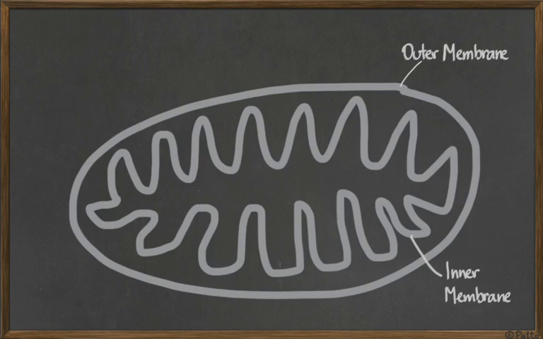We have an outer membrane and an inner membrane, and therefore an intermembrane space. The intermembrane space is very narrow, and because it's narrow, it's going to be very important in the next step. Additionally, the folding of the inner membrane we call a crista, or cristae, which increases the surface area of the inner membrane.